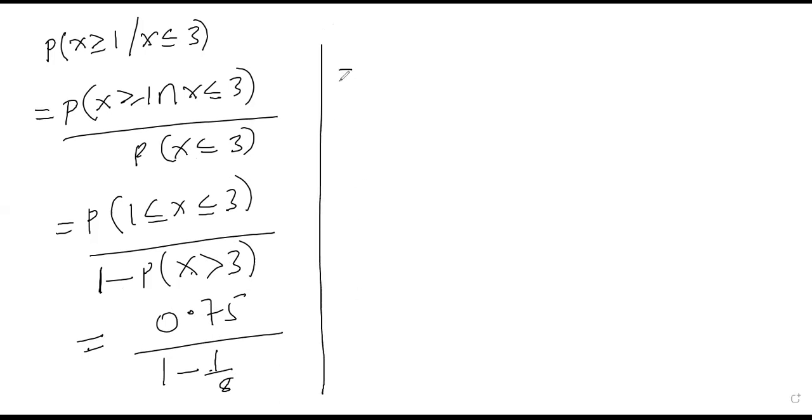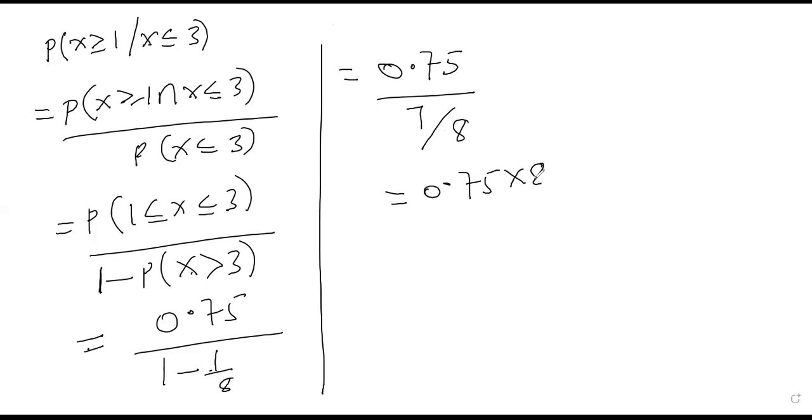So it's going to be 0.75 divided by 7/8. So this is the same as 0.75 times 8 out of 7. Okay.